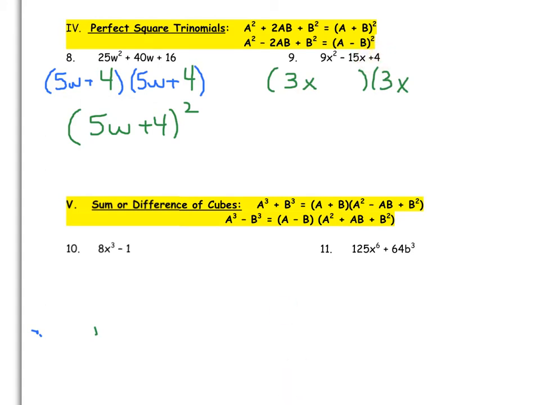Even though that last sign's positive, the middle sign is negative. So the correct sign we're putting in here is going to be two negative signs. And if we were to try to put in the square root of 4 as the other factors, when we check, we're going to see that that doesn't work.